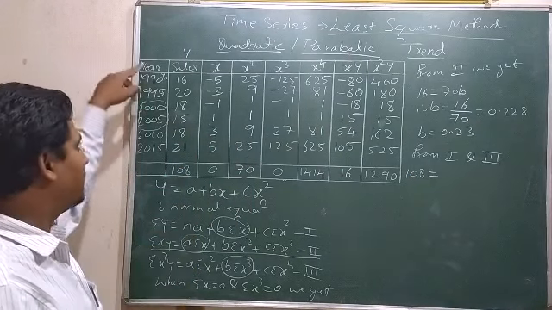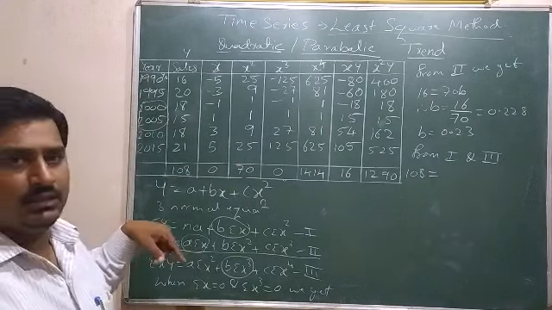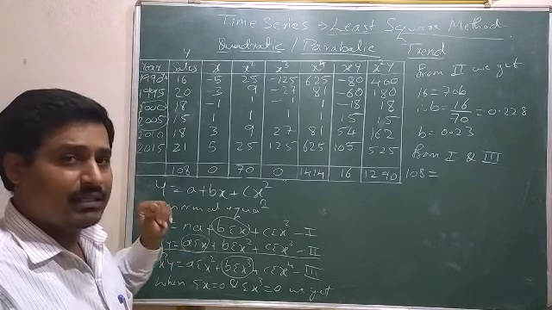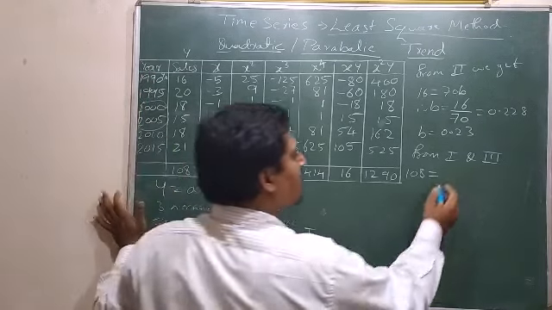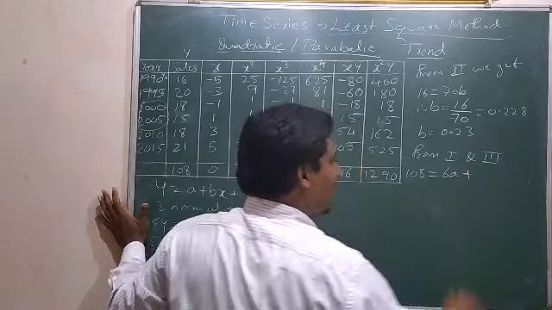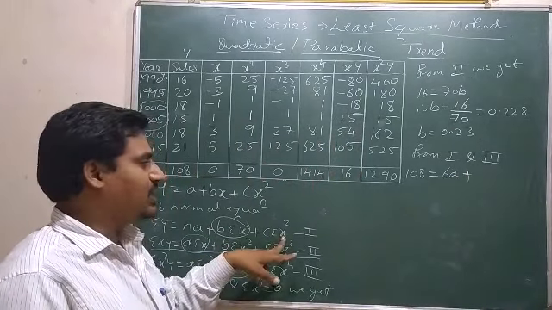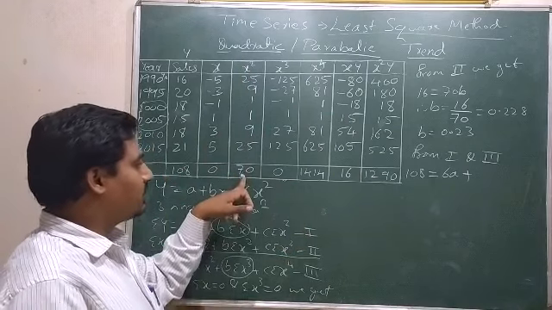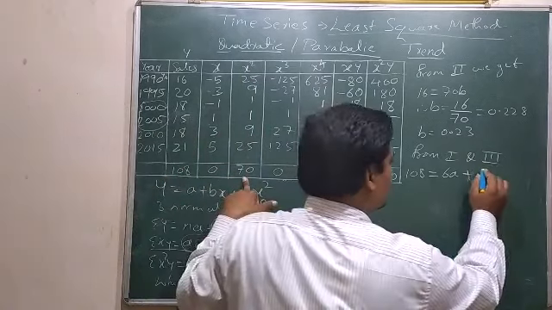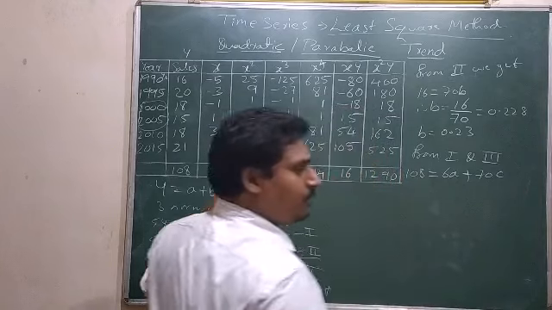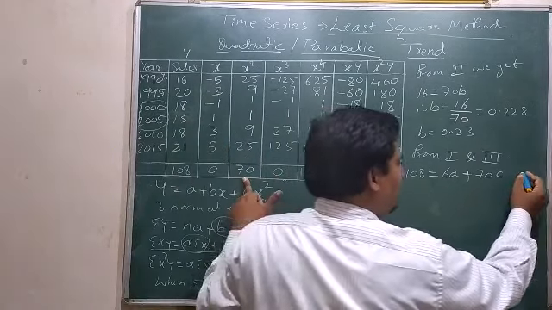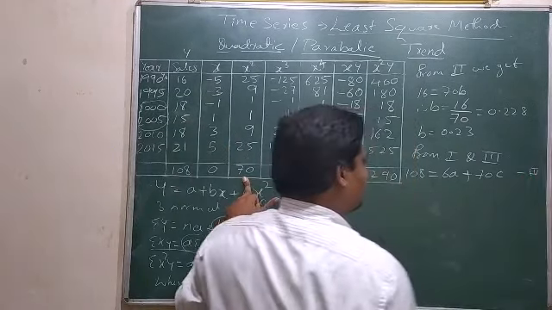So n is number of years. So here they have given 6 years. So n is 6. 6a plus, b becomes 0. Leave it. c summation x square. So summation x square is 70. So 70c. So we will rename it as the fourth equation.